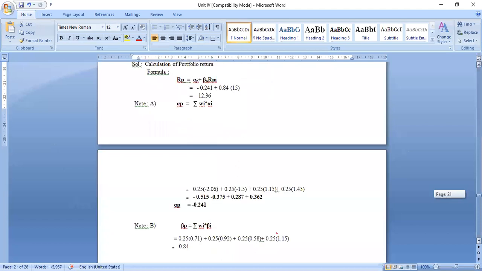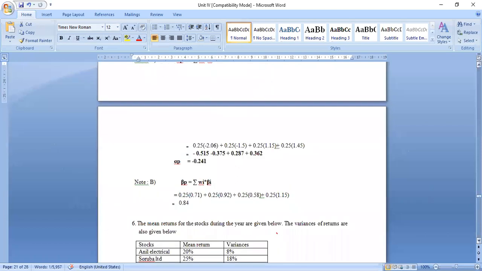And then we have to calculate the portfolio beta. So portfolio beta is the summation of weights into beta i.